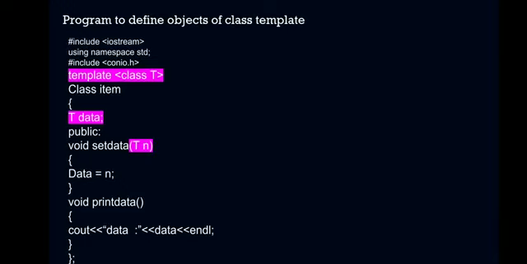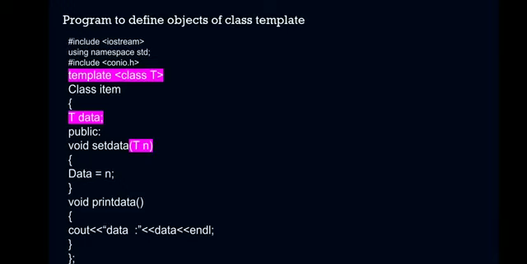Whenever we are using class templates, we have to specify what type of object we are creating. Whenever we create an object, we have to specify the data type that is passed to the generic class. So this is the generic class. The class is item. Now this item class can accept integer data, float data, double data, and even character data.